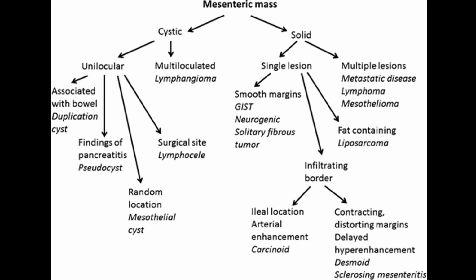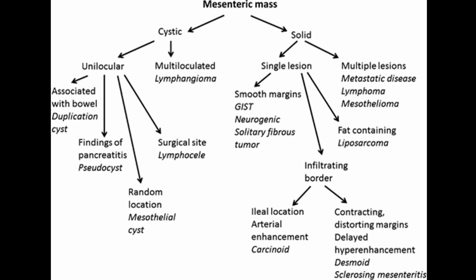Now if it is containing fat, that is clear-cut liposarcoma. But when there are multiple lesions, then you think of lymphoma, mesothelioma, metastatic disease as the main differentials. Now how do you differentiate a metastatic disease? In a metastatic disease, we will have a primary tumor with multiple lesions which are present, and a few might have ascites.